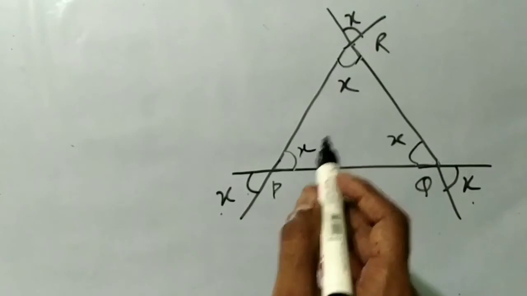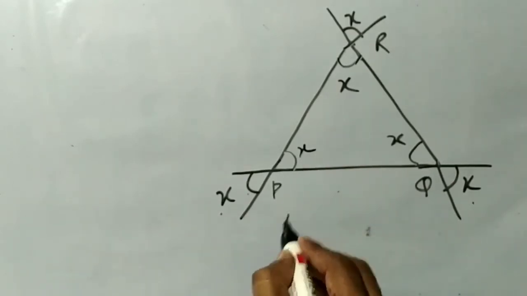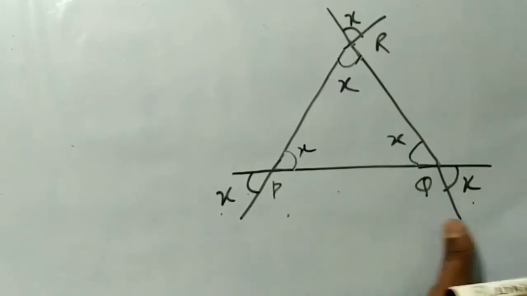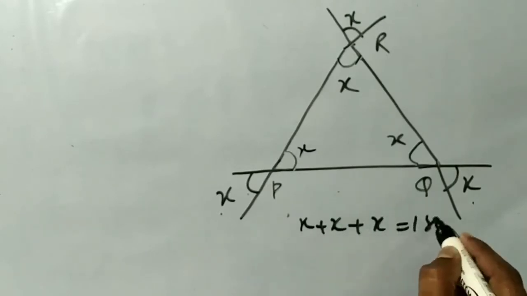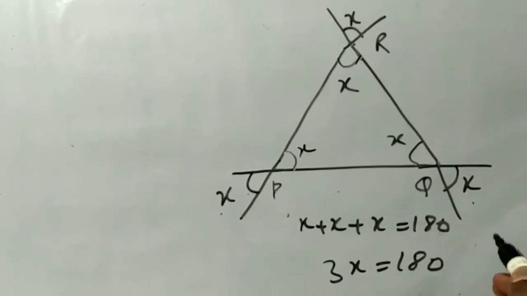So here 3x is equal to angle x plus angle x plus angle x, which is 180. That is 3x is equal to 180. So 3 chocolates is equal to 180. Then 1 chocolate is equal to, we have to divide 180 into 3 parts.